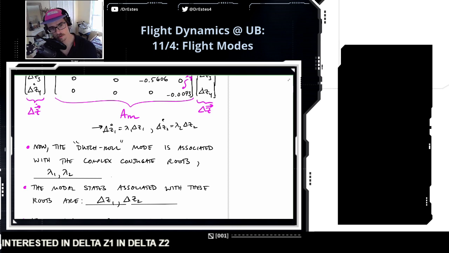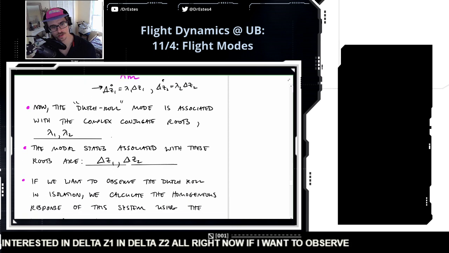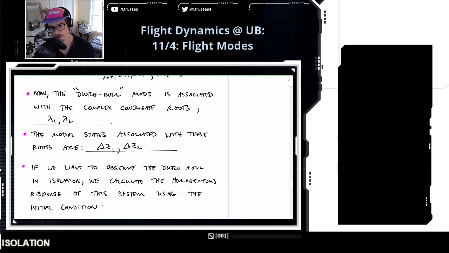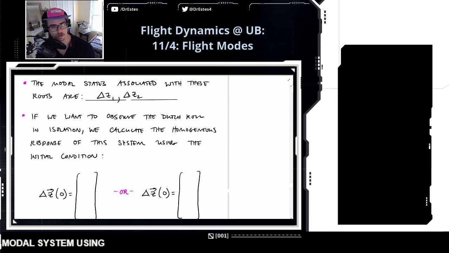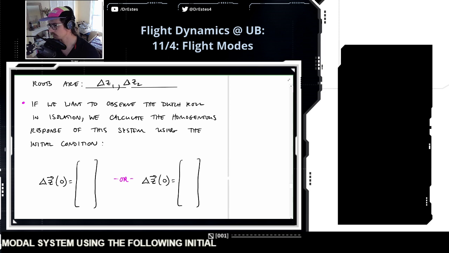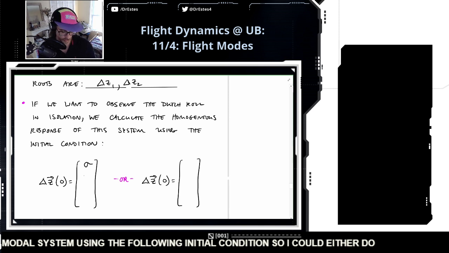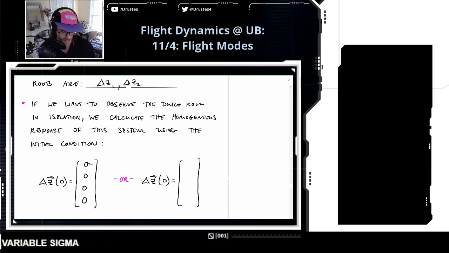All right, now if I want to observe the Dutch roll in isolation from the other modes, we calculate the homogeneous response of our modal system using the following initial condition. So I'm going to use this variable sigma here. Sigma is just some real scalar.